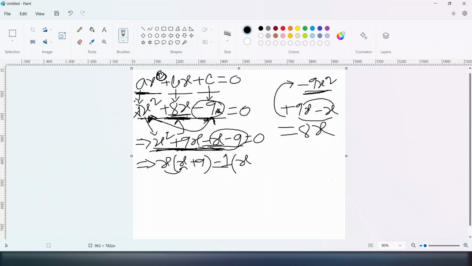You will have only x, and this negative number will become positive, so it will become plus 9, right, equals 0. So first with these two you took common x, then with these two you took common negative 1, right?